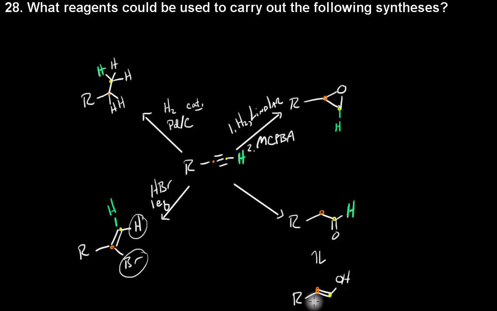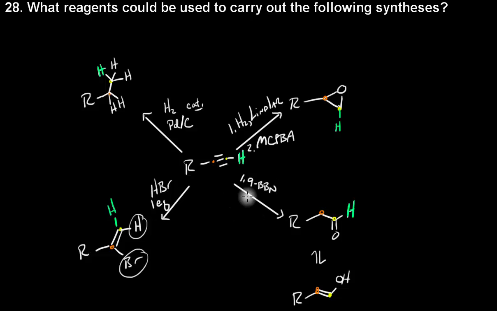So here you have to think Markovnikov, anti-Markovnikov. So this is going to be a little bit more difficult, a couple of different steps that you have to do in your head. So you can use an anti-Markovnikov reagent, which in this case, just to be simple, we can say is 9-BBN. Okay.